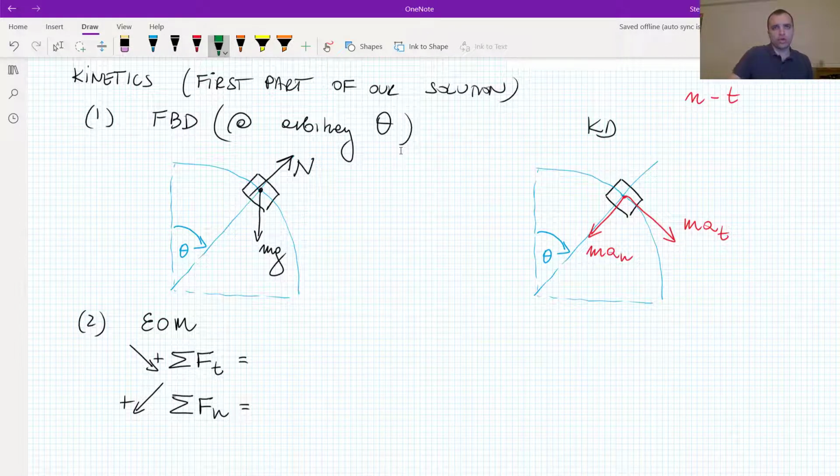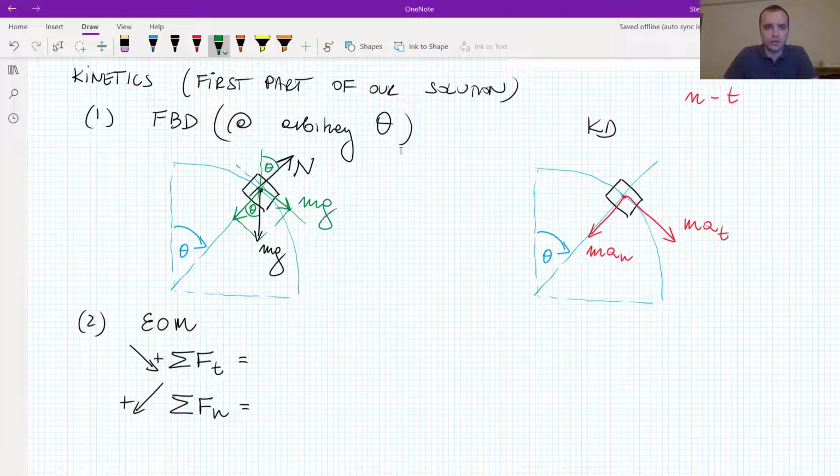Aha, I must project mg onto this direction and onto this direction. So if theta is here, I believe that definitely theta will be here as well. And that means that our theta is here. So this component will be mg sine theta, and this component will be mg cosine theta.